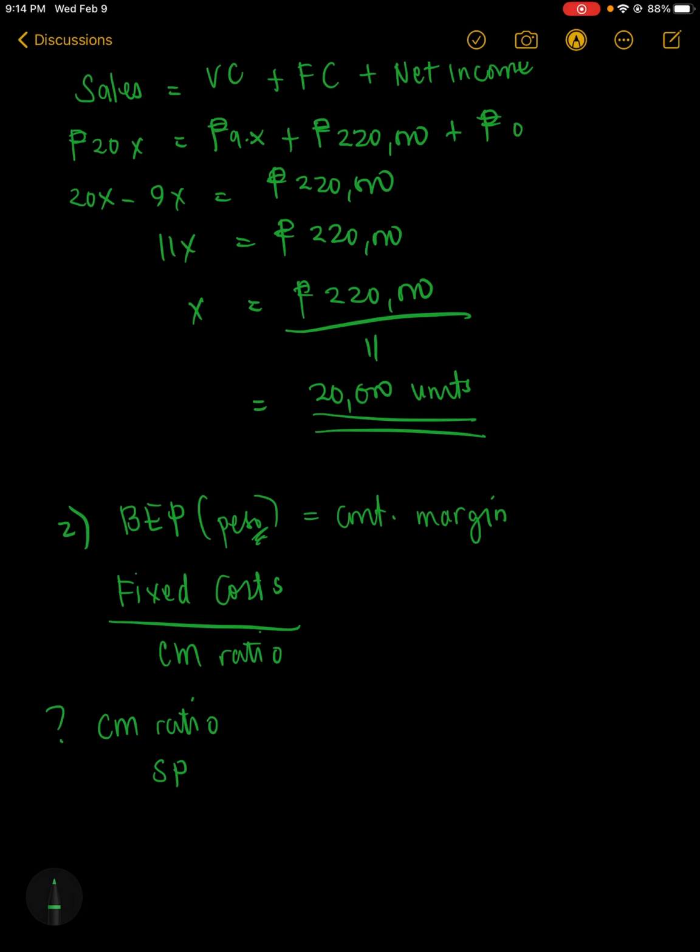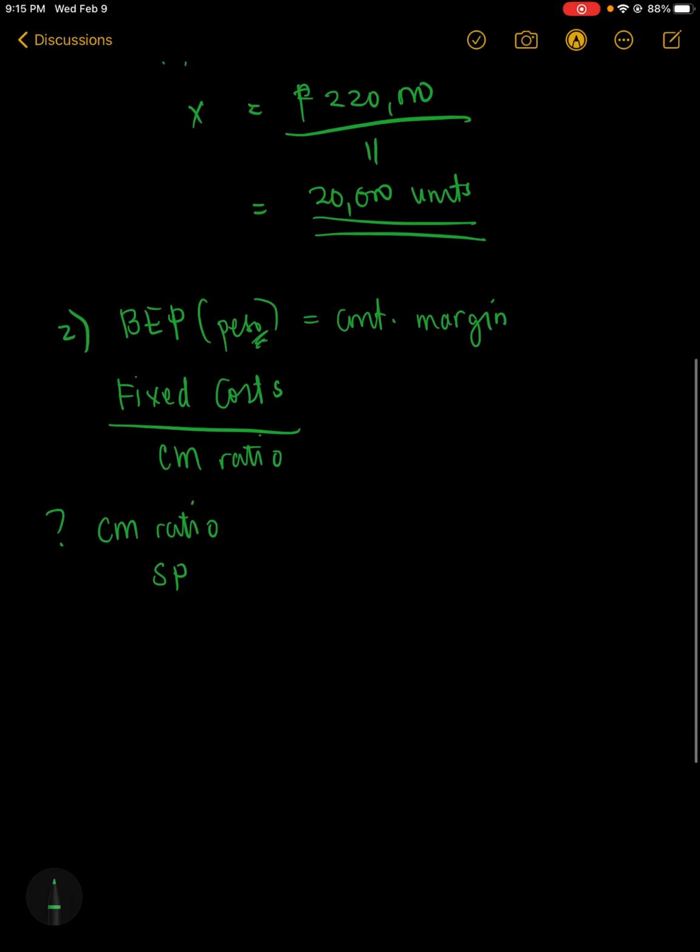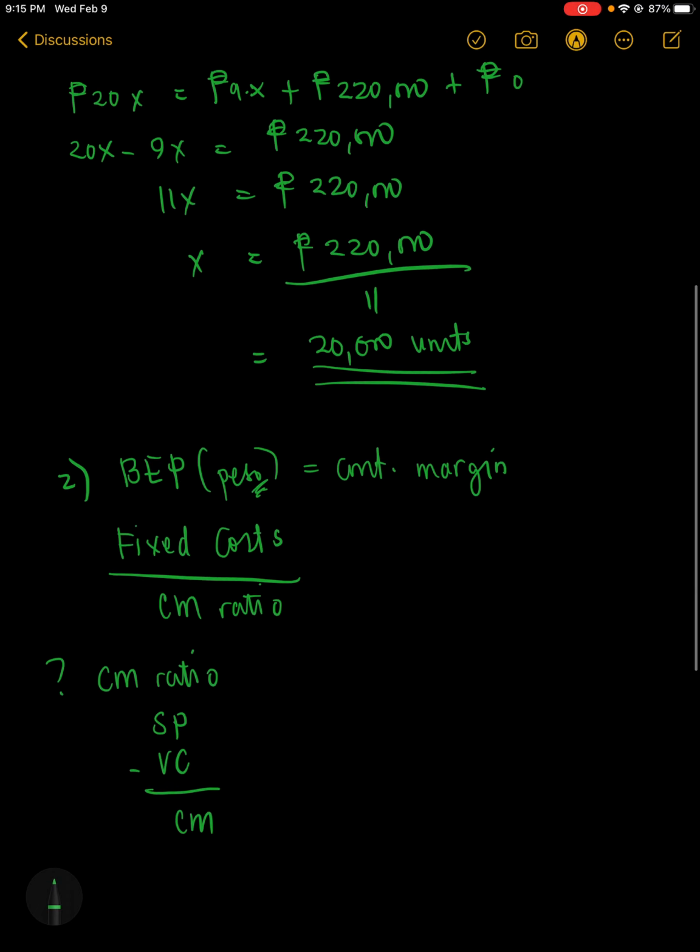You will get your selling price, you'll identify your variable cost, and the difference is the contribution margin. Our selling price based on our problem is 20. Our variable cost is 9 pesos. Therefore, our contribution margin is 11 pesos.